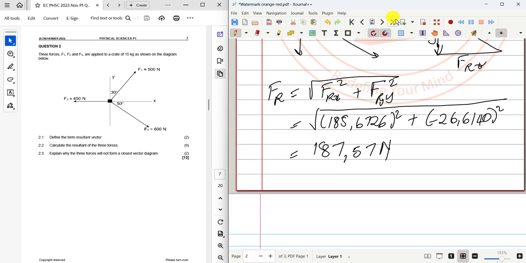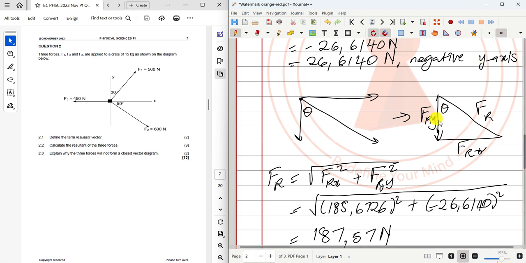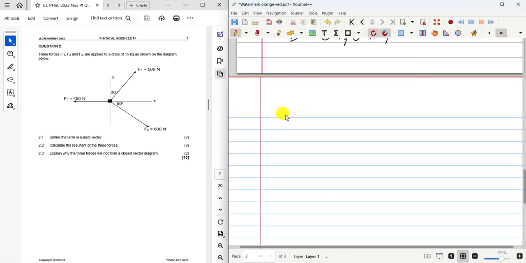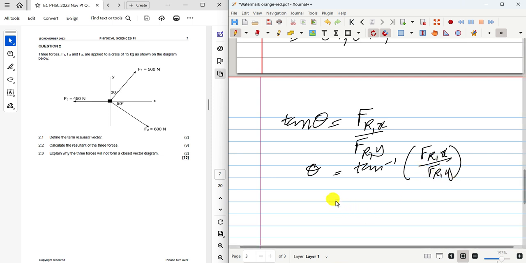Now to find this direction, again, I prefer to use opposite over adjacent. That's tan. So tan theta equals FRX over FRY. Please ignore the sign for this. So theta equals tan inverse of FRX over FRY. And what is this?